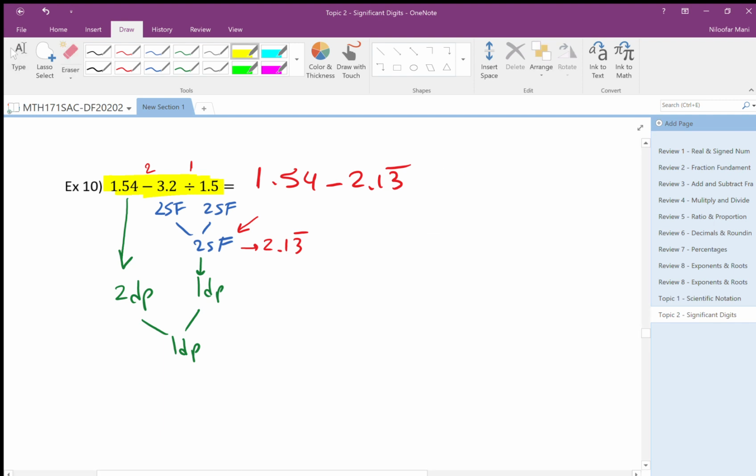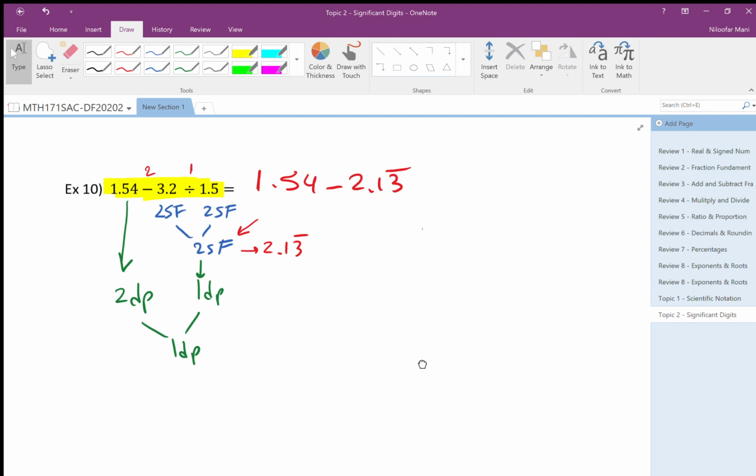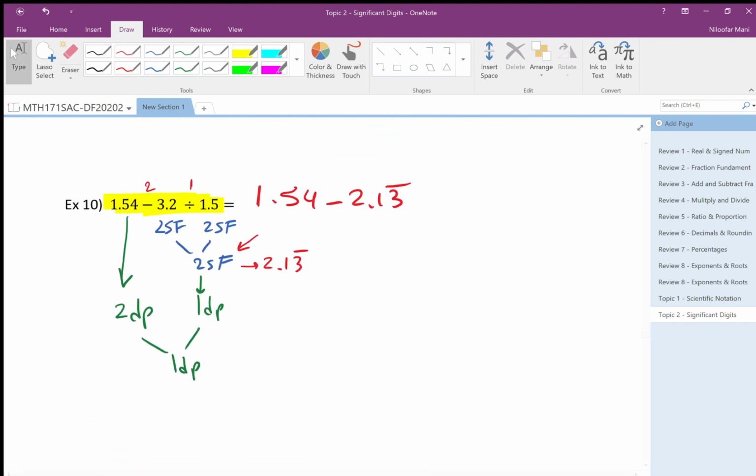The answer is minus 0.593 forever. Then I said one decimal place, so I underline that: it is almost minus this one, because I need one decimal place.